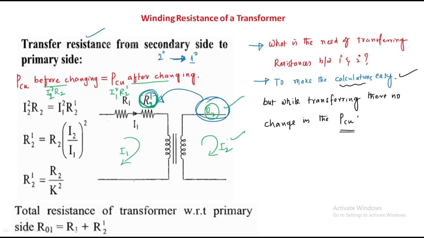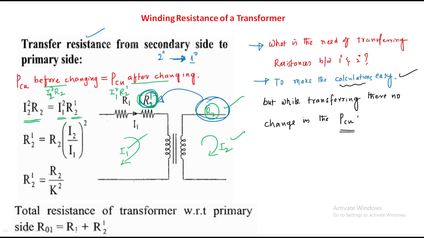After changing, that resistance should be present in primary winding, because we have a transfer of a resistance from secondary to primary. Therefore, before transferring, what is the copper loss? Only I2 square R2. After transferring, the current in the branch is nothing but I1 only. That's why I1 square into, what is the resistance here?